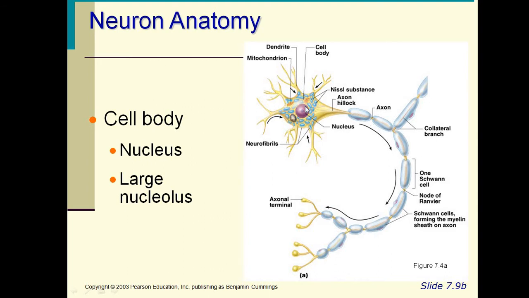Inside the cell body, you have the nucleus and the large nucleolus as well. The cell body is also called soma, and that is the core of the neuron. The cell body carries the genetic information, maintains the structure of the neuron, and provides energy for the activities of the cell.